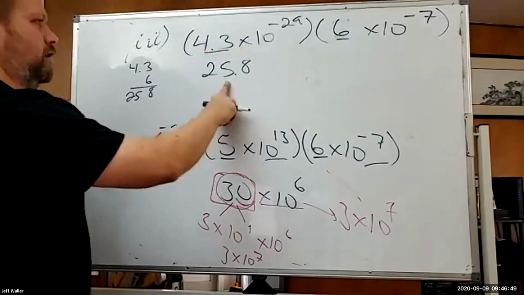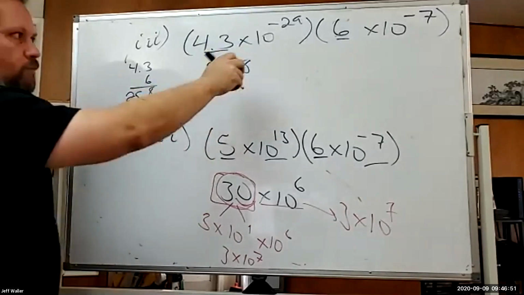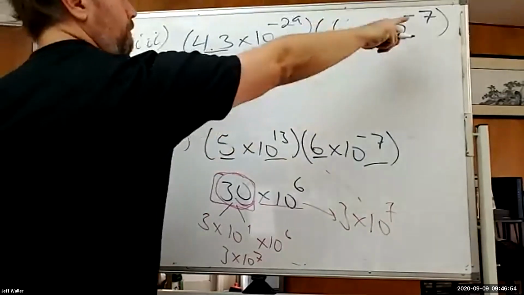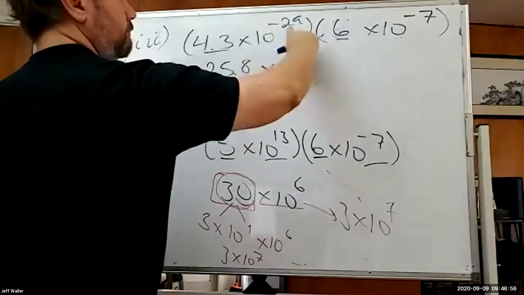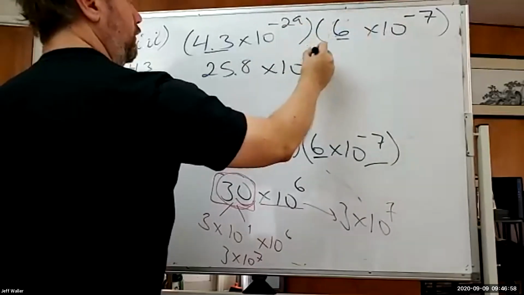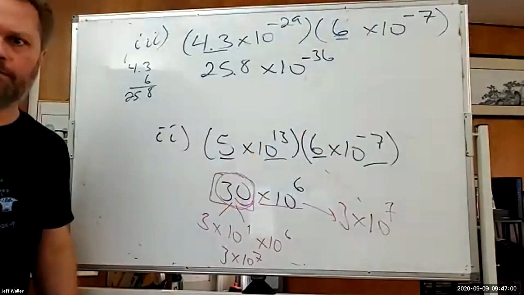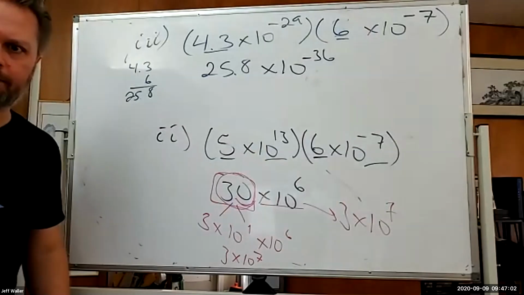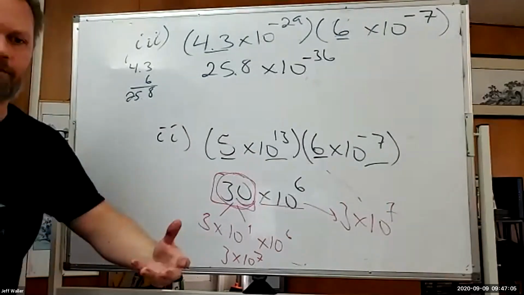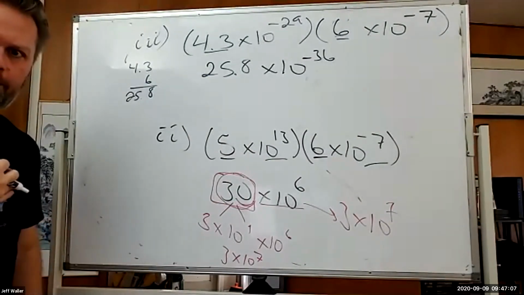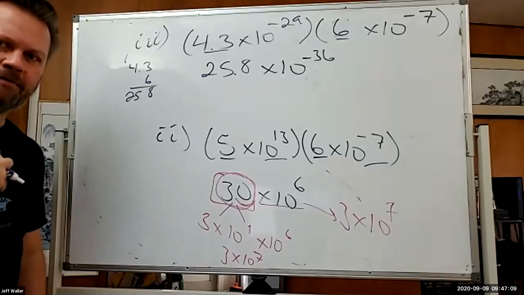You can already tell there's going to be an issue, right? Times 10 to the what? Negative 36. Beautiful. You add the powers when you multiply like bases. They're both negative, so they get even more negative. All right, let me stop there for a minute. I'm not done.